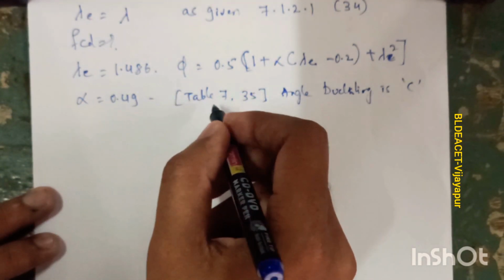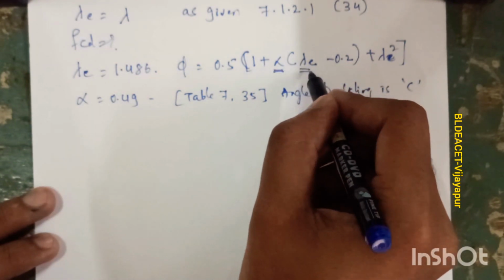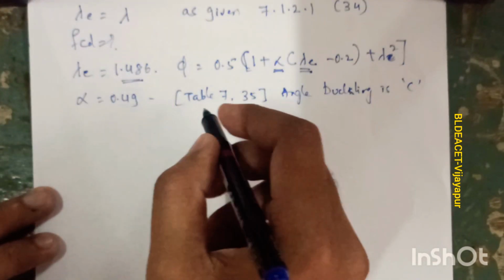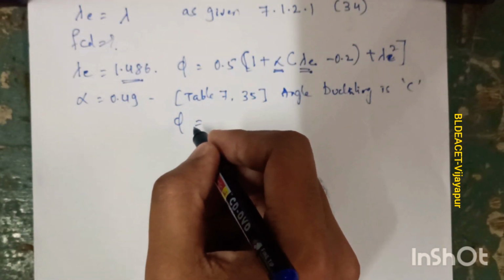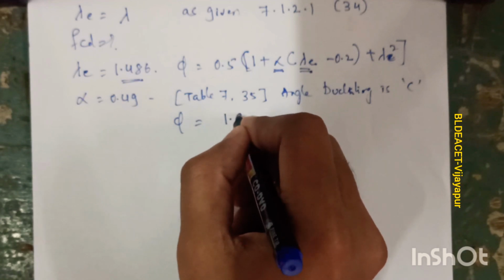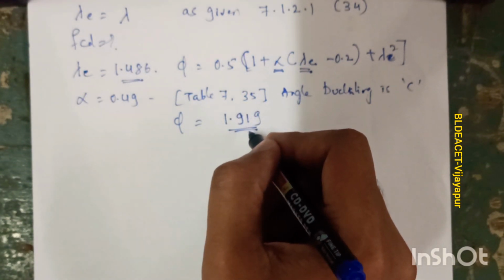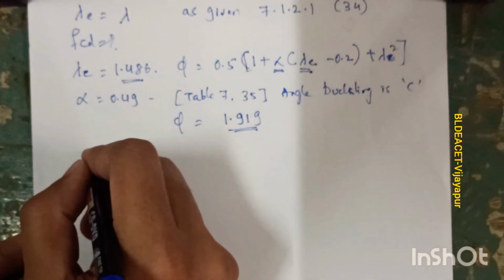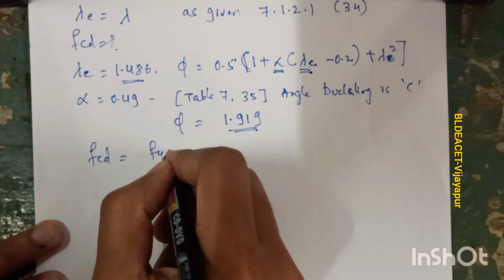Substituting alpha as 0.49 and lambda E as 1.486, the value of phi will be 1.919.